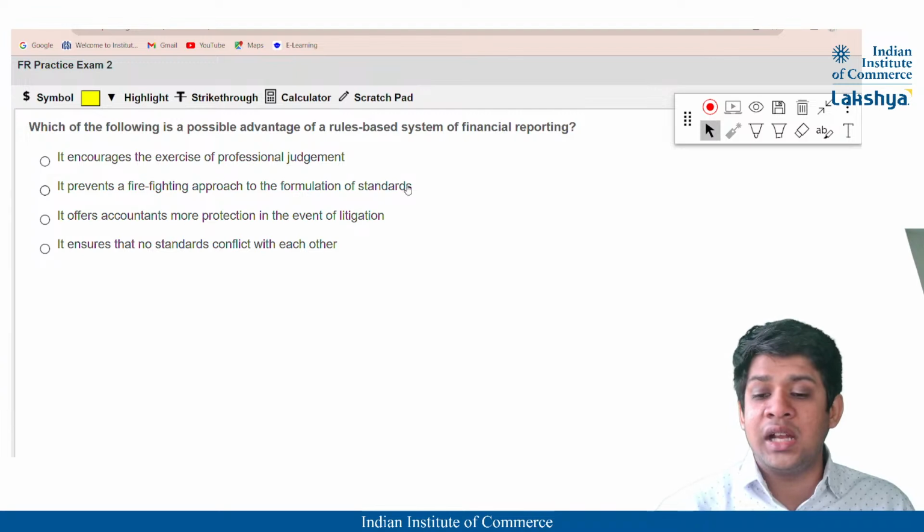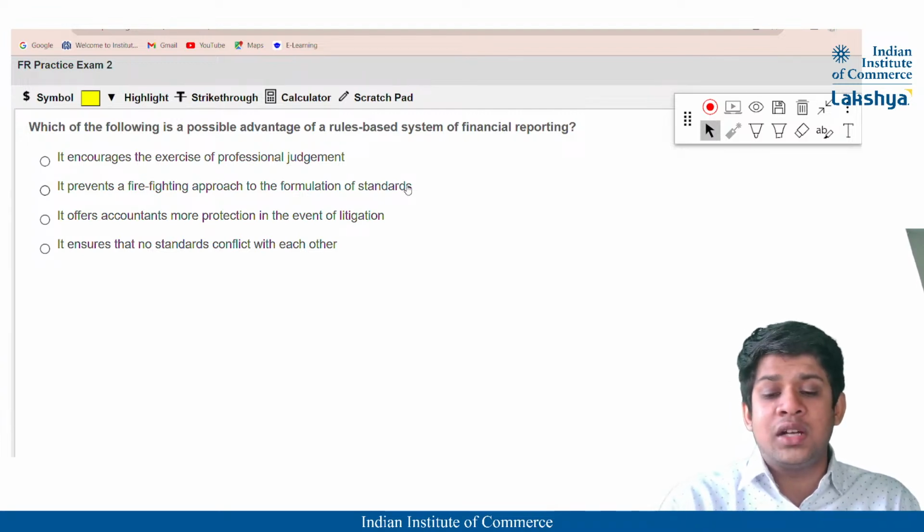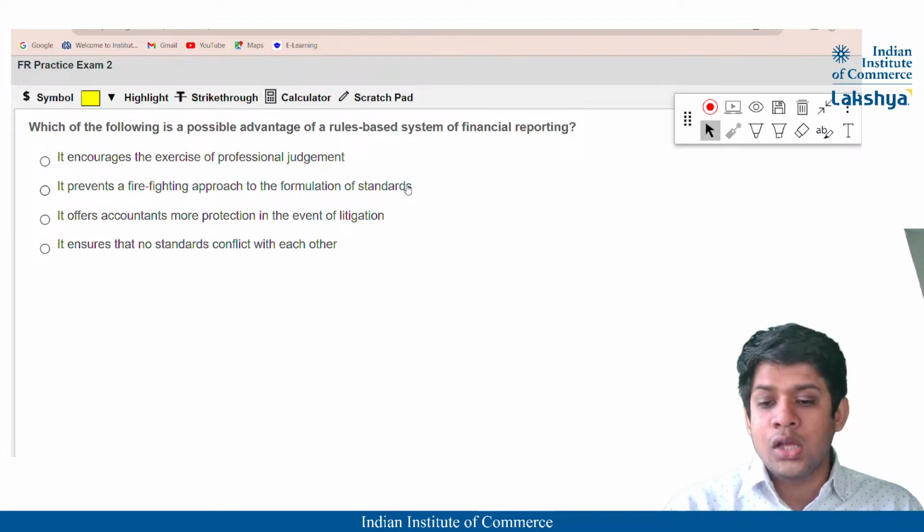So the first one is it encourages exercise of professional judgment. Professional judgment cannot be encouraged by rule based, it can be encouraged by principle based, because in rule based, rules are just there. You have to just apply the rules. There your professional judgment is not scrutinized. So no, that is not the correct answer. Then the second one, it prevents a firefighting approach to the formulation of standards.